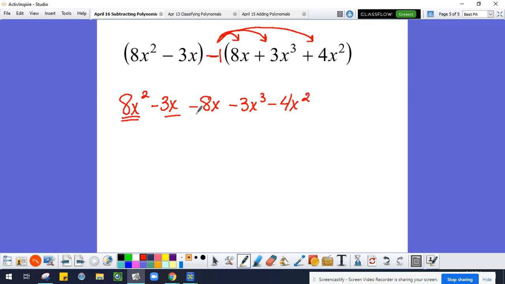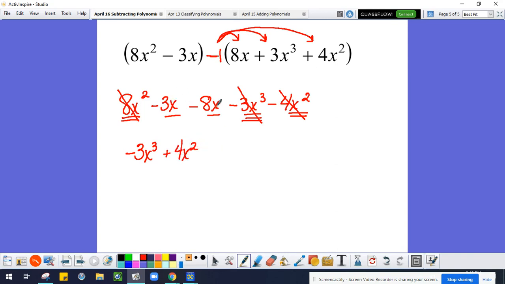Do my same strategy of looking at the exponents that I've been given. And I notice my highest number of underlines is 3. And this negative is stuck to the 3, so -3x to the third. My next number of underlines is 2, so +8 and -4 combined together gives me 4x squared.